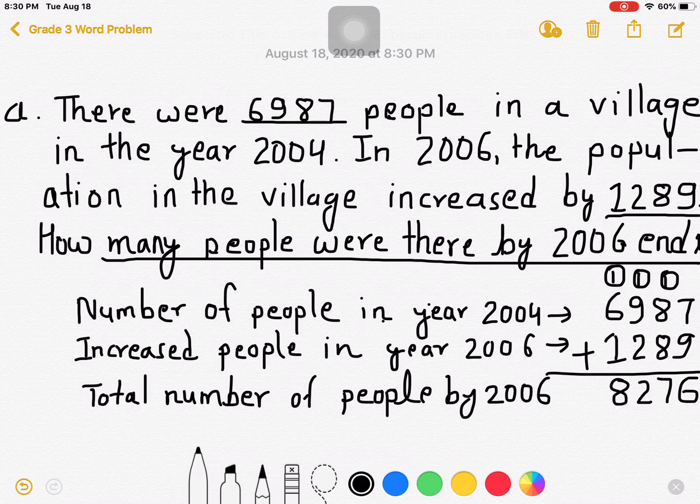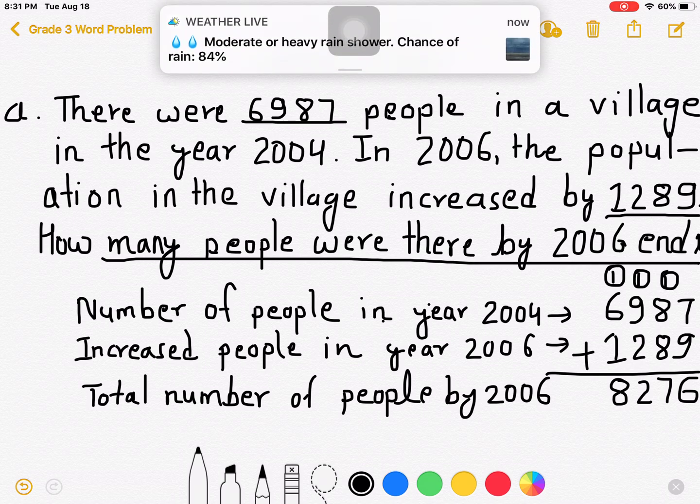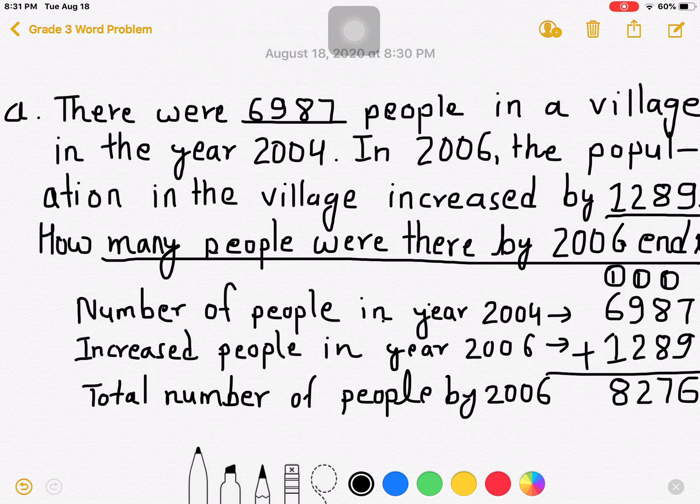So this is the total population by the end of 2006, isn't it? Now we have identified the statement, the question we have to find out, and the operation we have to use, that is plus, addition.